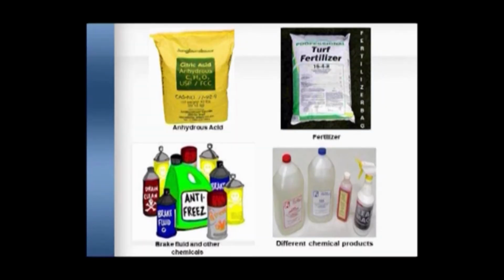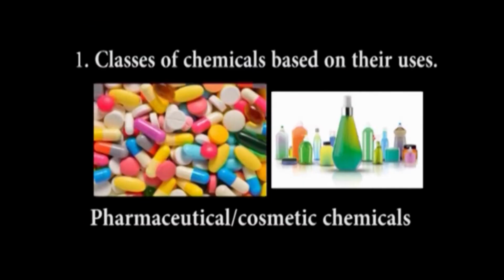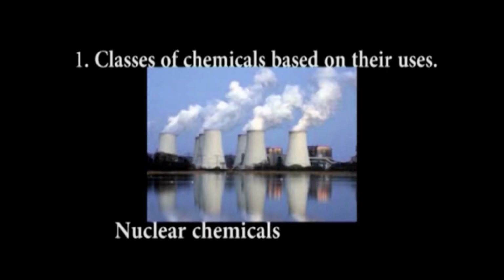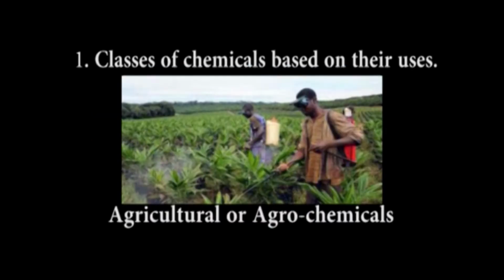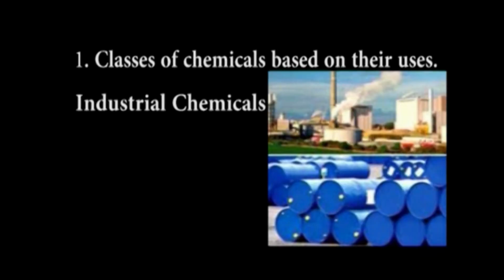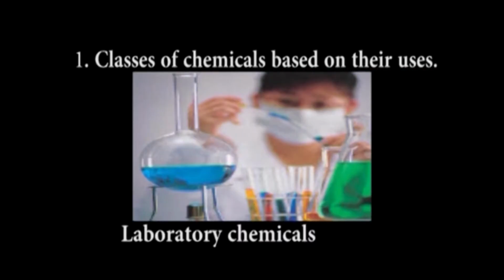Considering their uses, chemicals can be classified or grouped into the following: pharmaceutical or cosmetic chemicals, nuclear chemicals, agricultural or agrochemicals, industrial chemicals, and laboratory chemicals. 2.